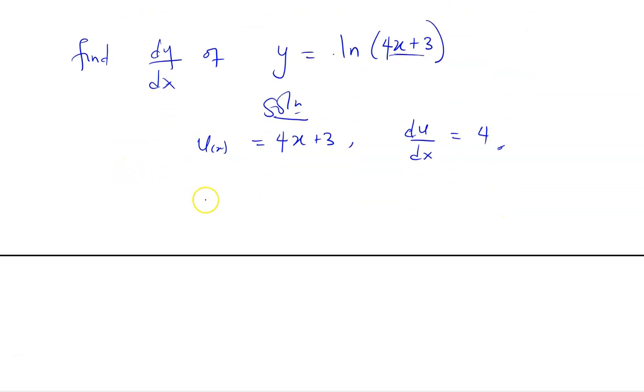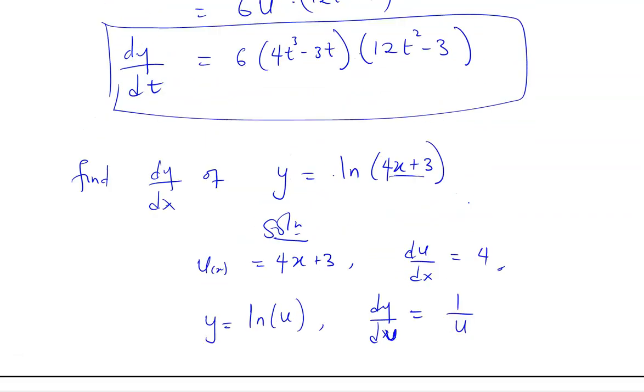So if u of x is giving us 4x plus 3, then y will be equal to what? y will be equal to ln u, because it's the same as the 4x plus 3. So in this case, dy on the du will be giving us what? 1 on what? On u.